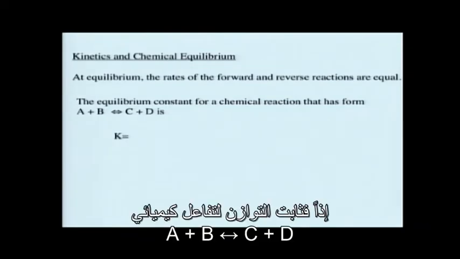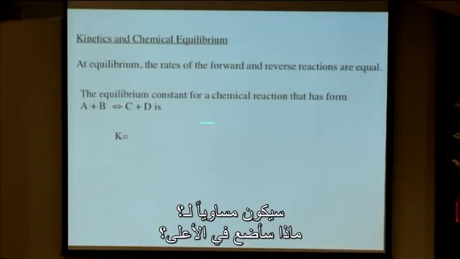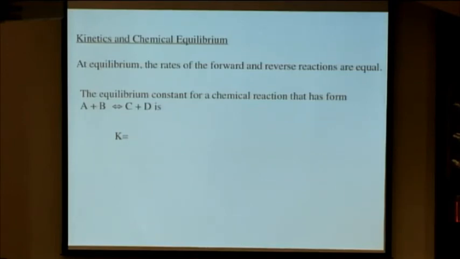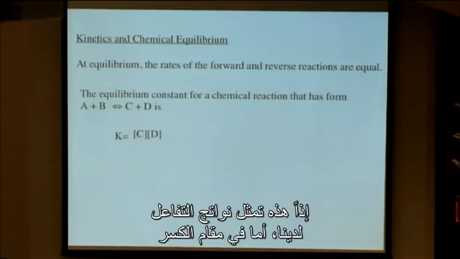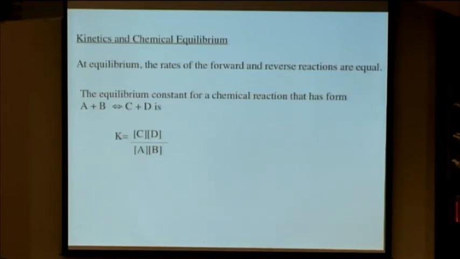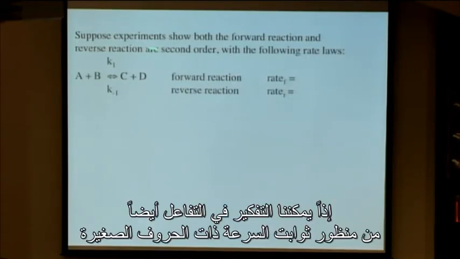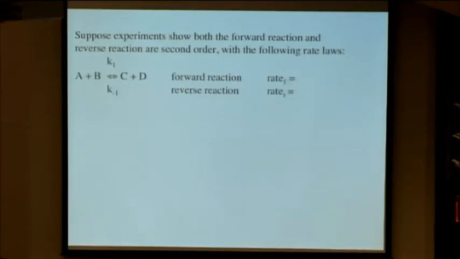So the equilibrium constant for a chemical reaction, A plus B equals C plus D, is going to be equal to what? What do I put on the top? Concentration of C and concentration of D, right? So our products, and at the bottom, we put the concentrations of our reactants, A and B. Now, we can also think about this reaction in terms of little rate constants.